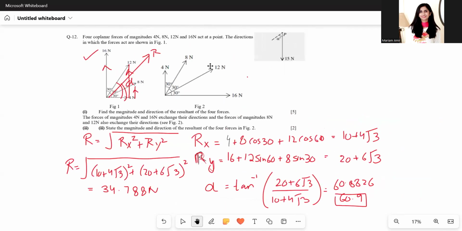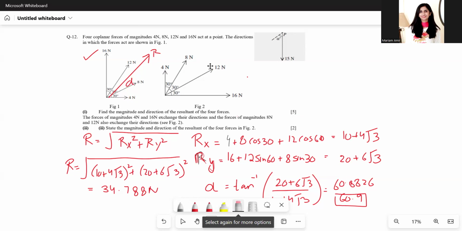The second part says that the forces of magnitude 4 and 16 Newton exchange their directions, and the forces of magnitude 8 and 12 Newton also exchange their directions. So now they're talking about the second figure. Notice that this has gone here, this has gone here, this has gone here, and this has gone here.